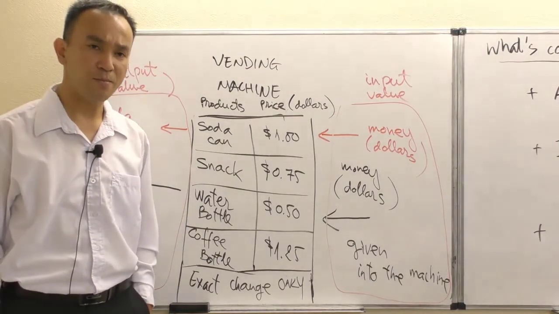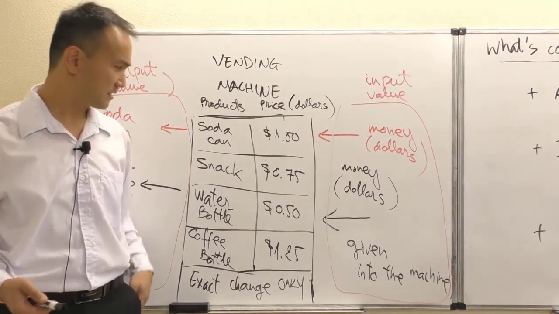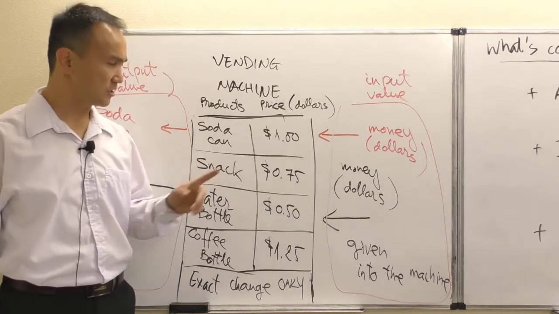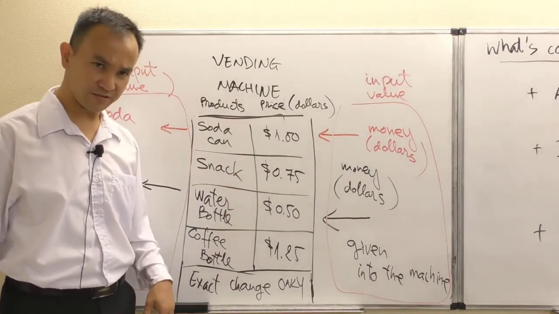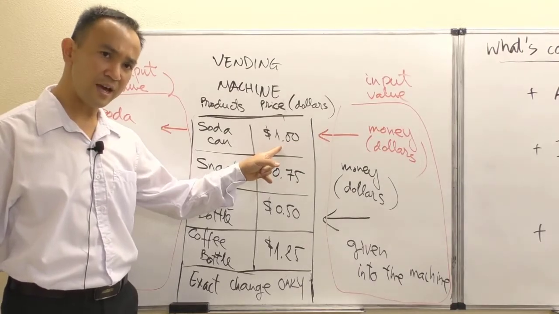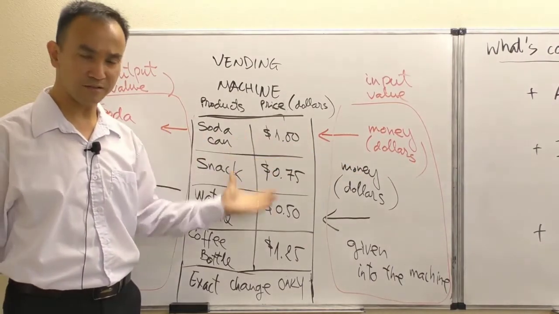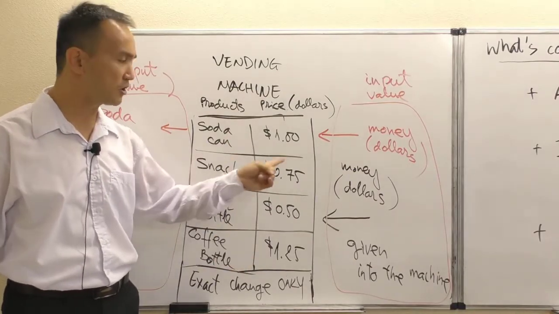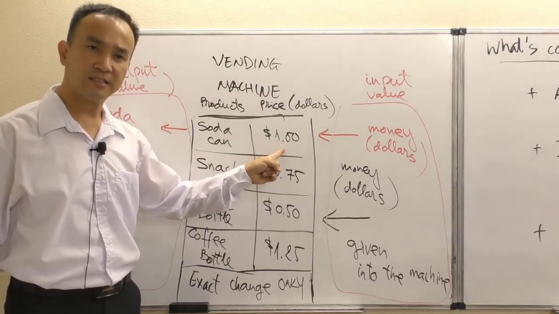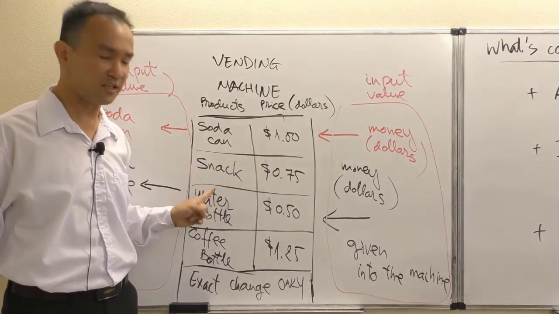Why is that so important? Just think about it. It's a machine, right? Today, for this user, it takes $1 and gives out a soda can. Without any modification, all of a sudden tomorrow the next user puts in $1 but it gives a snack.